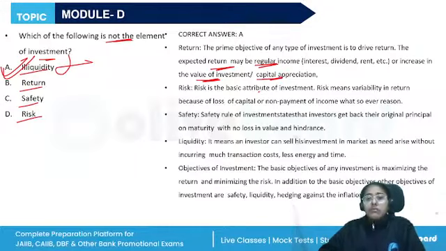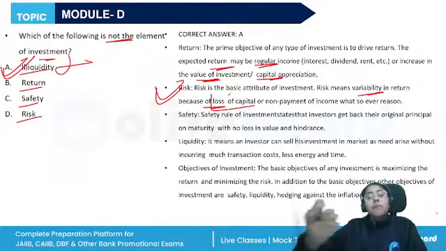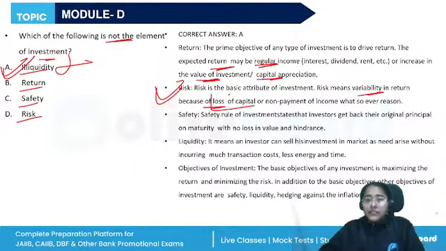And again, depending upon the nature of the investment, whether it is risky, less risky, or non risky, it can be a deciding factor for the return. Then, risk refers to the variability in return because of the loss of capital. In general, we say the more risky an investment, the more the expected returns.